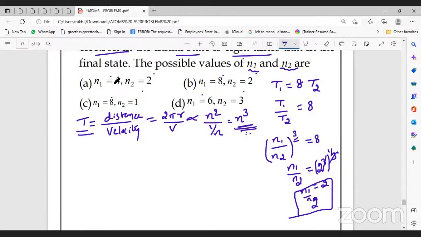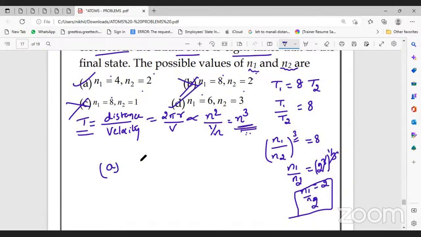N1 by N2 is 4 by 2, that is 2. This may be correct. 8 by 2 will be 4, this is not possible. 8 by 1, this is not possible. 6 by 3 is also 2, so this is also possible.